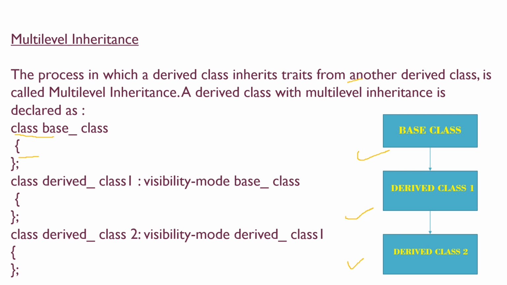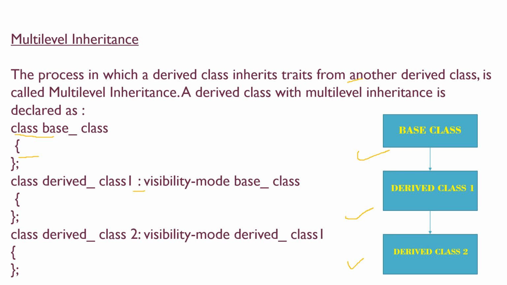class. When we create a derived class, the keyword class will be written as it is, and then whatever name we want to give to the derived class we write next to class, and then the colon sign, and here any of the visibility modes: public, private or protected.